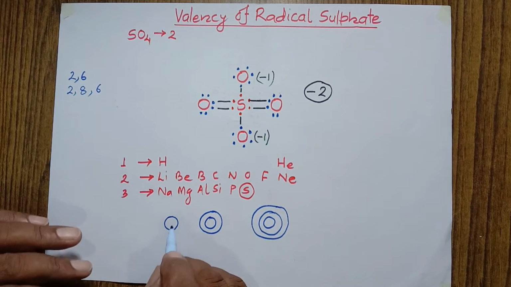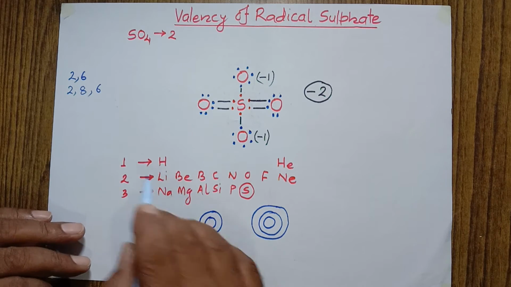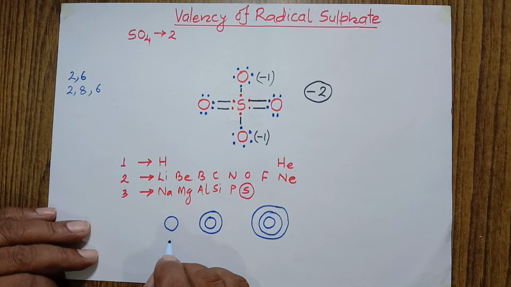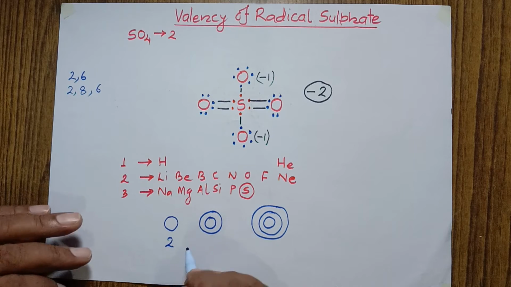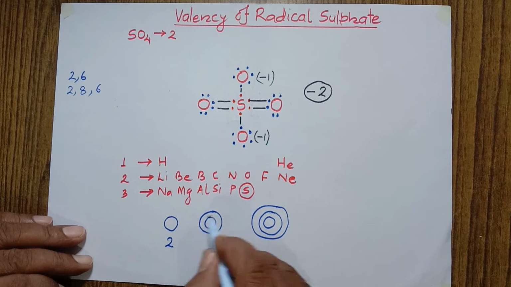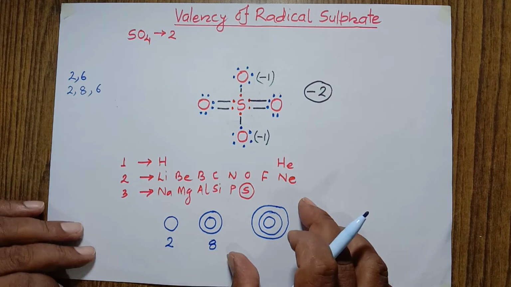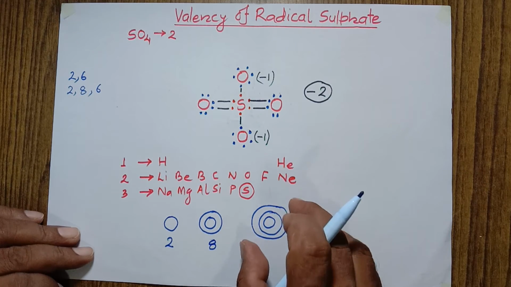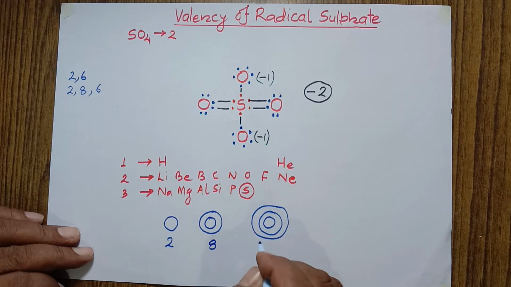Now, if there is only one shell in an atom of the element, then it will be satisfied with 2 electrons. If there are two shells, then the outermost shell forms an octet. It will be satisfied with 8 electrons. But if there are three shells, then the outermost shell may contain more than 8 electrons.